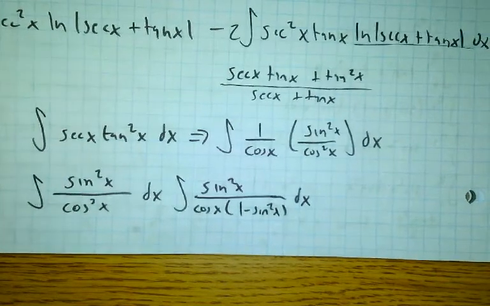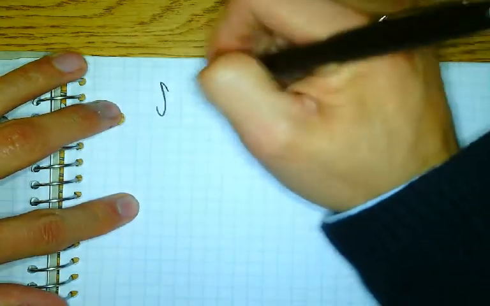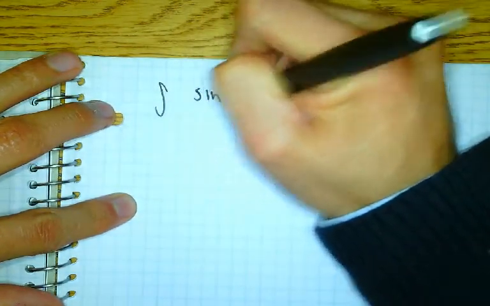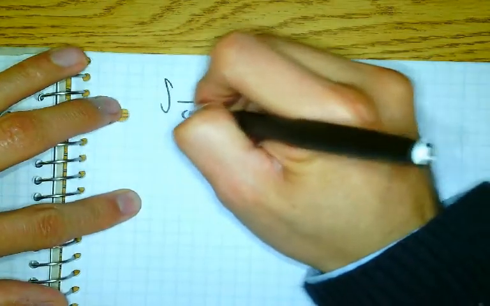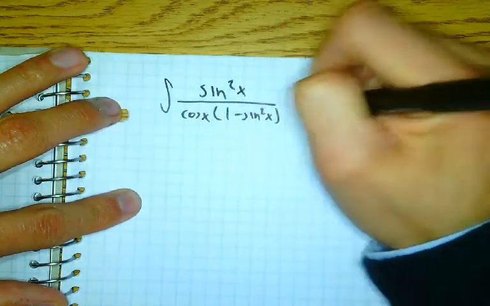Okay. Where do you want to proceed from here? Let me rewrite it over here. I run out of space. Okay, so that's where we're currently at.